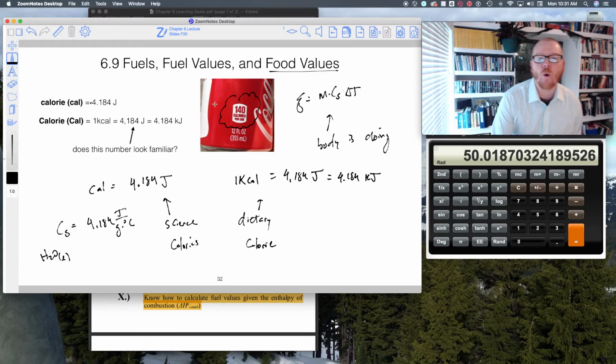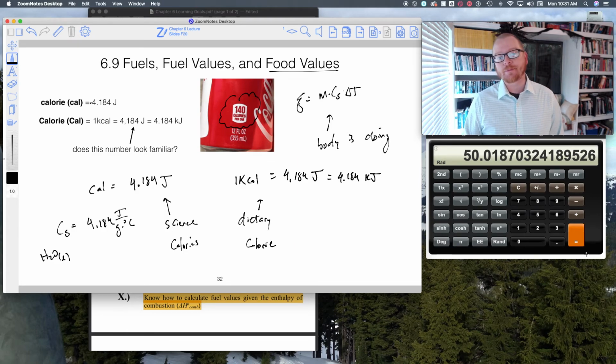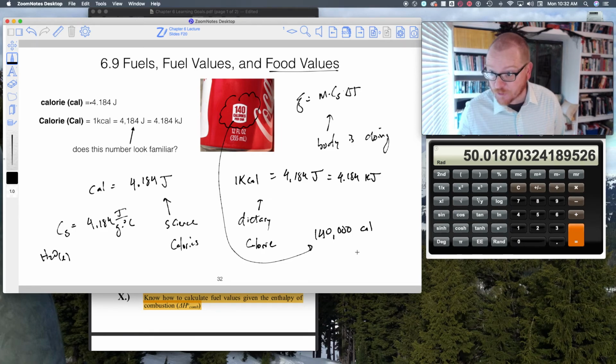Okay, so on this can of Coke where it says 140 calories, so that's 140 dietary calories, which is really going to be 140,000 regular calories. Okay, that's all that I'm going to say about the calorie and as a food value.